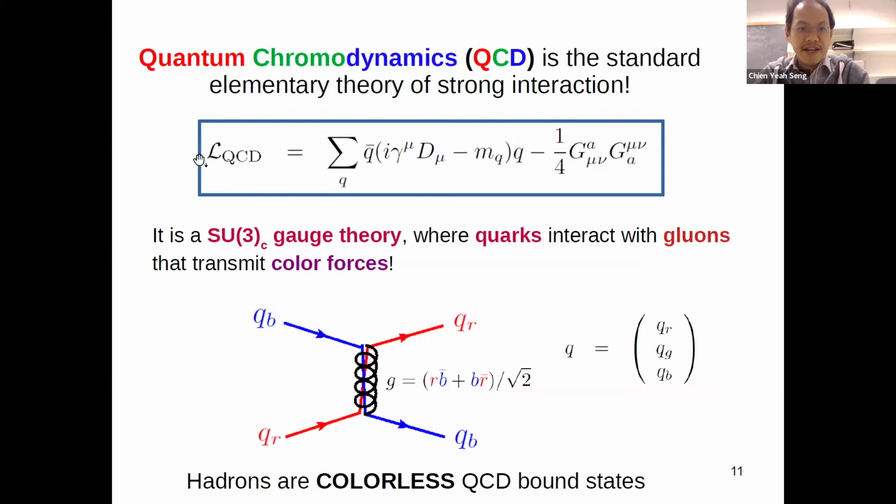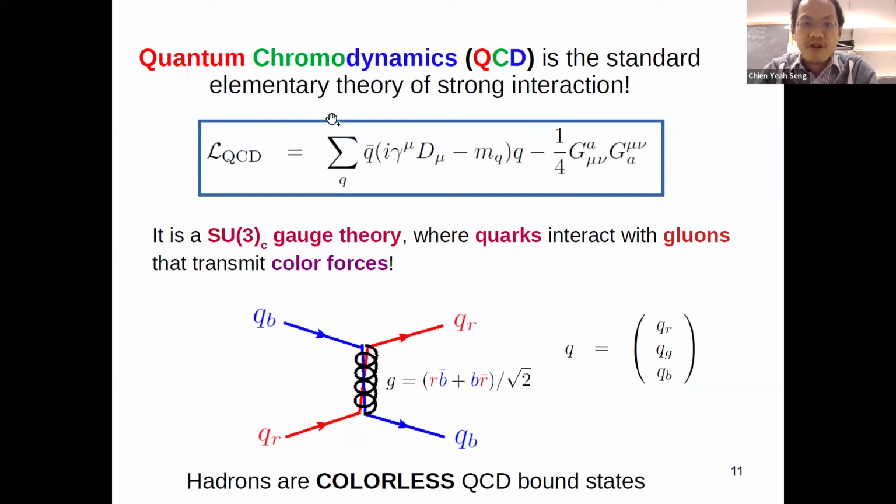So this is the basic Lagrangian of QCD, quantum chromodynamics, which is now the standard fundamental theory of strong interaction. Here we have the kinetic term of the quarks and the gauge covariant derivative.